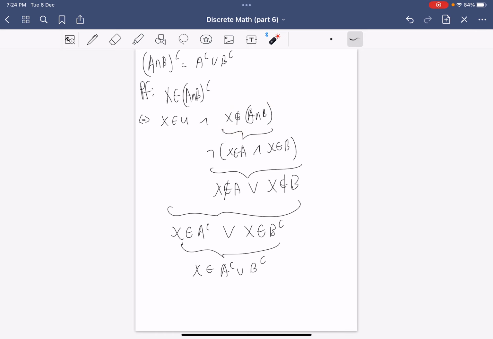Expanding out the logic, to negate, x is an element of A and x is an element of B, this means that x is not an element of A or x is not an element of B. Combining this, you get that x is an element of A complement or x is an element of B complement. And with that, by definition, you can put them into a union, and so x is an element of A complement union B complement. And thus, you have proven this proposition.